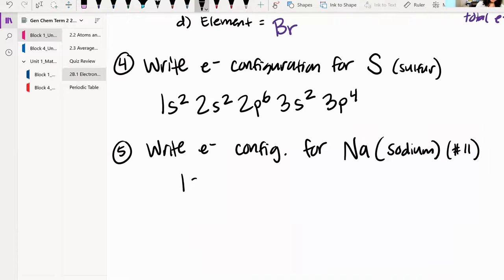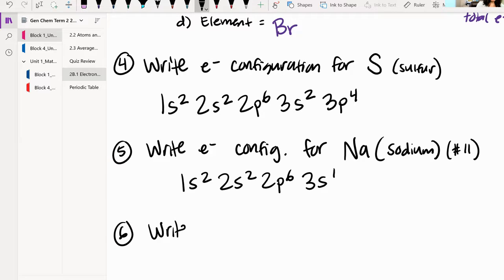Write that down. 1s2, 2s2, 2p6, 3s1. All right, we've got time for a couple more.